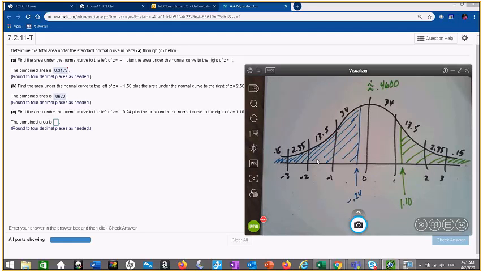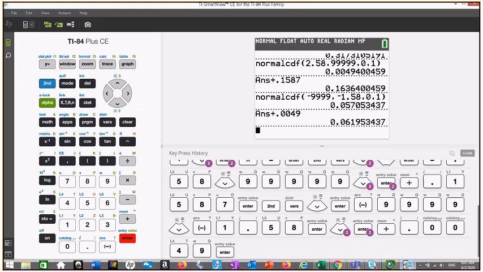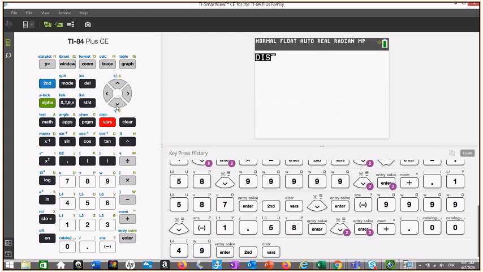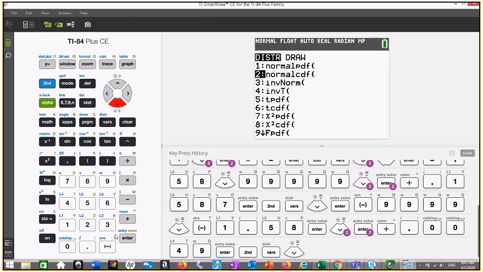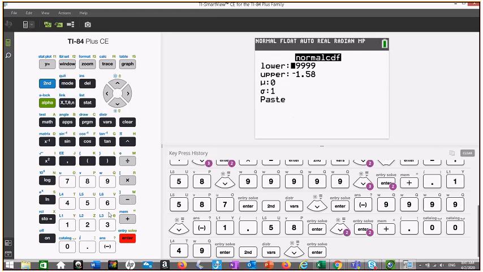Okay, so now let's do negative 9999 to negative 0.24. And then 1.10 to 9999. So let's take our handy dandy calculator and do second vars, normal CDF, negative 9999, it's already in there, to negative 0.24.